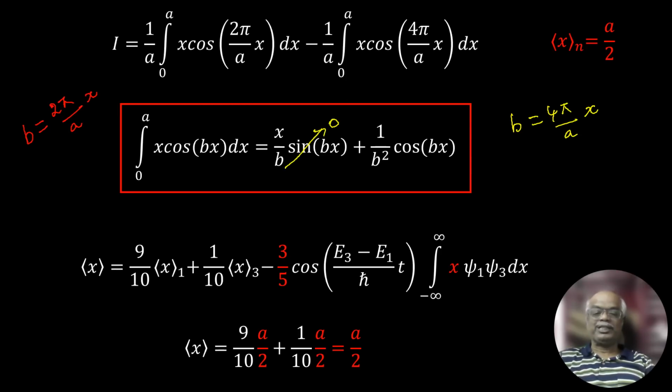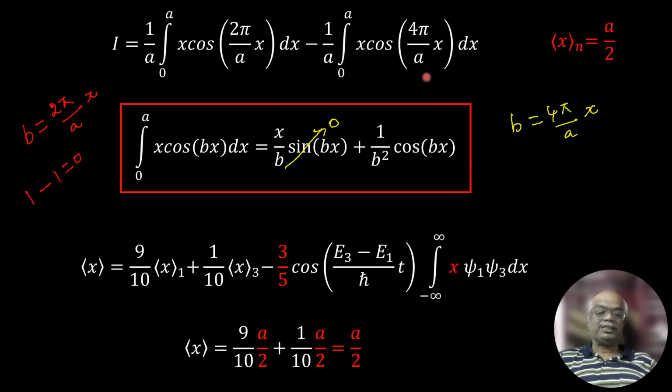Then what about the second term? The second term, cos px. For the first case, p is 2π by a. For the upper limit, this is equal to 2π. So cos 2π is equal to 1. If you apply the lower limit, cos 0 also 1. 1 minus 1, you will get 0. So for the first integral, this term will be 0.